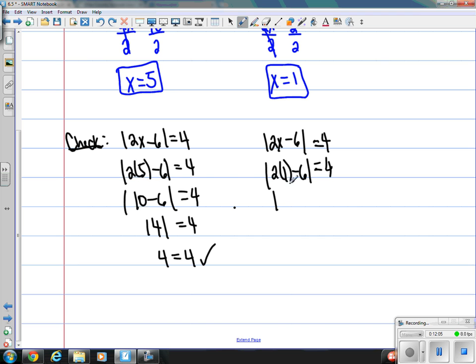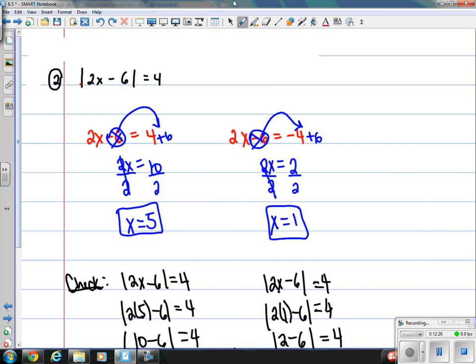So the absolute value of 2 minus 6 equals 4. 2 minus 6 is a negative 4, so the absolute value of negative 4 equals 4. Remember, absolute value can never be negative, so the absolute value of negative 4 is positive 4, and we check. So once again, these are both our answers. We have x equals 5 and x equals 1 as our solutions.